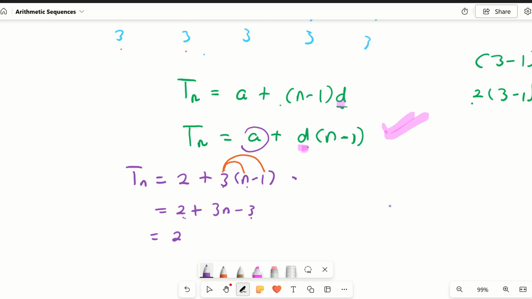So this 3 moves with the minus sign, so it's going to be 2 minus 3, and the other one remains with its sign, so that's plus 3n. This gives us minus 1 plus 3n.